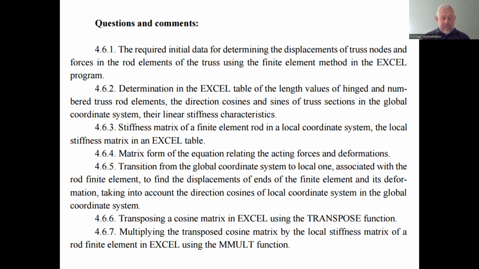4.6.4 Matrix form of the equation relating the acting forces and deformations. The equation looks like the canonical equation of the displacement method.